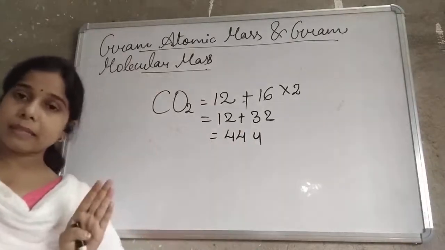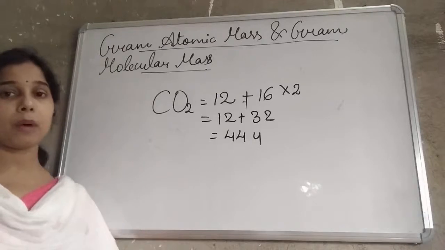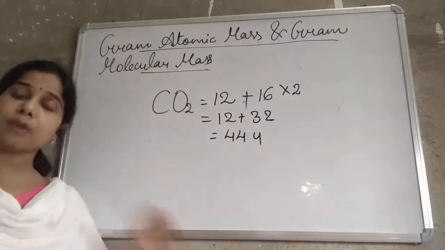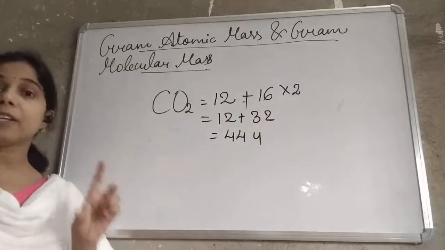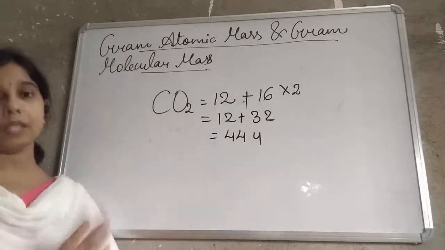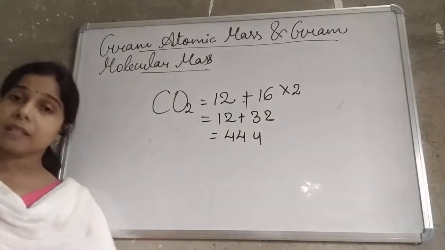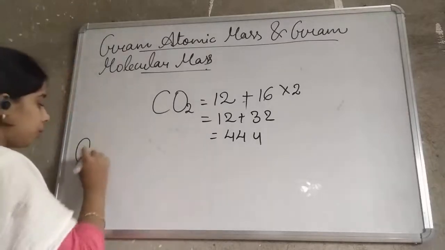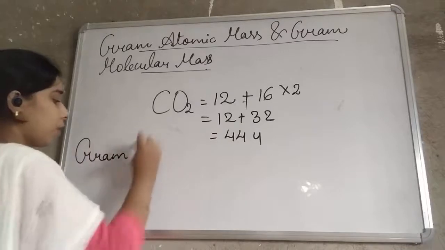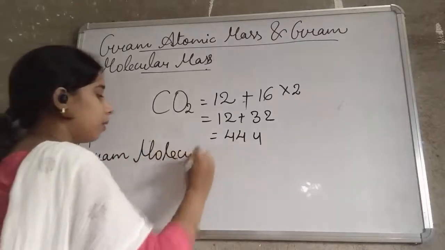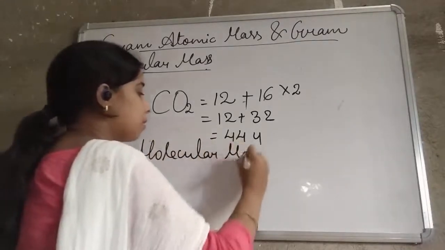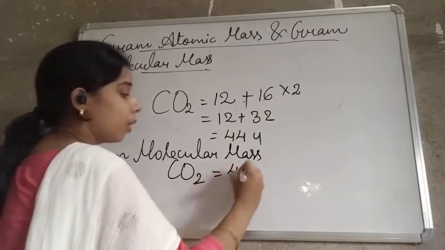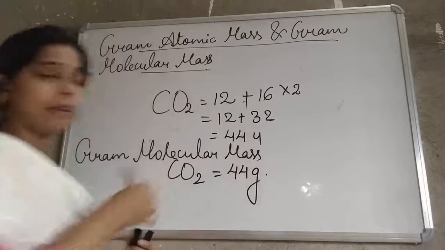What we were discussing here is the gram molecular mass. In case of gram molecular mass, we said that numerically the value is equal, but the mass is in grams. So the gram molecular mass of carbon dioxide will be equal to 44 grams.